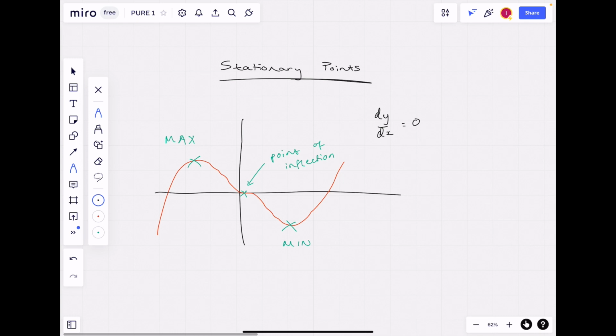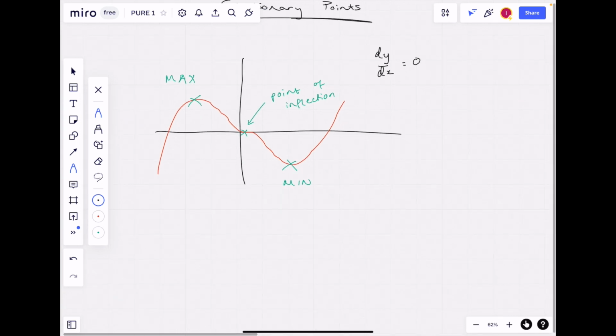You would use your second derivative. So you take your second derivative, you plug in your coordinate for x. So let's say x equals a, for instance. You plug in a into your second derivative. If that substitution gives you a value greater than 0, then you have a minimum.